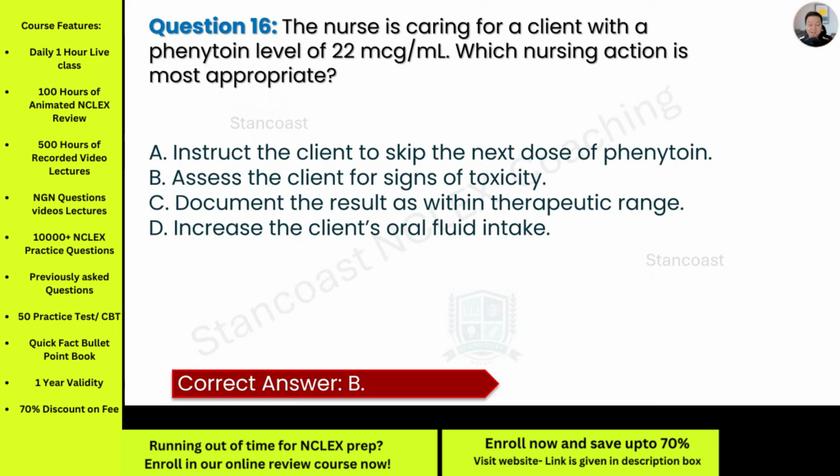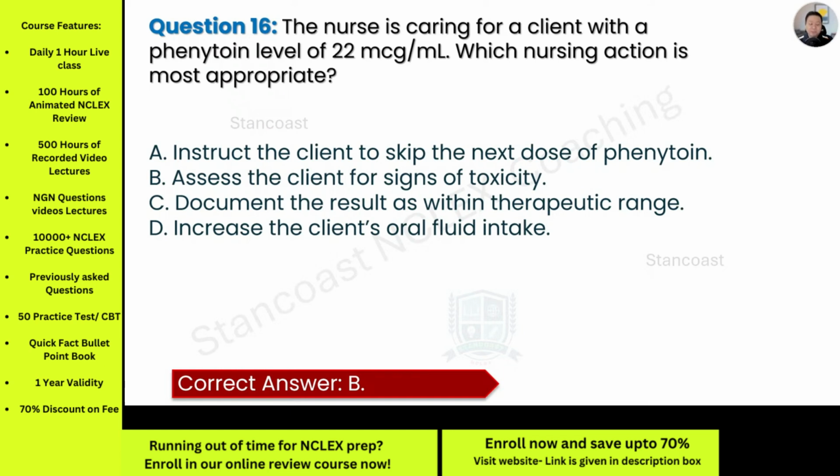If you selected letter A, this is incorrect because the nurse does not have the authority to independently adjust the medication dosages, and skipping doses is appropriate only under specific instructions from the healthcare provider. The immediate concern here is the elevated level, which is already a concern for toxicity. So we have to notify the medical provider.